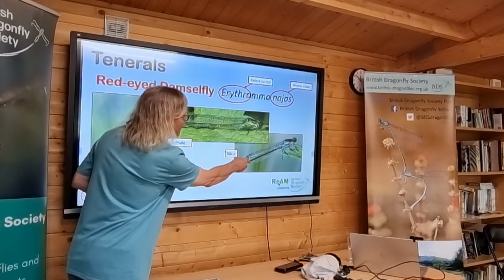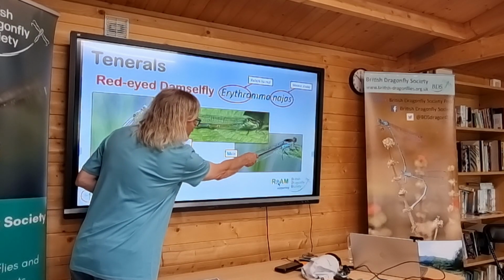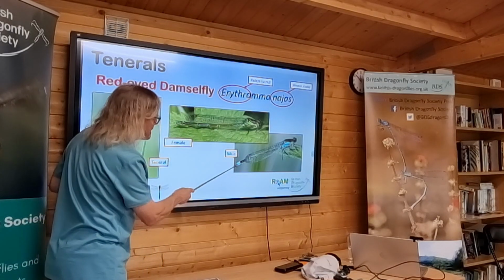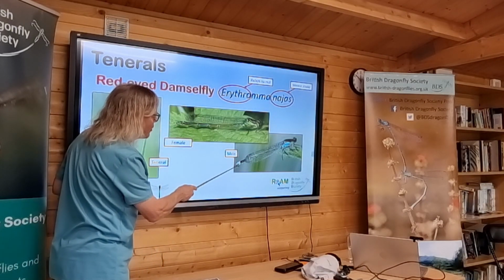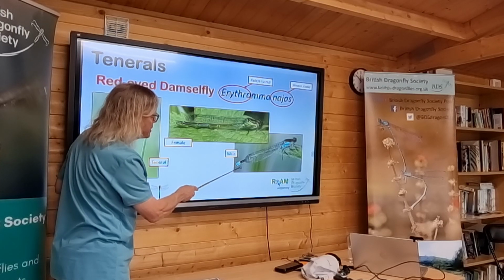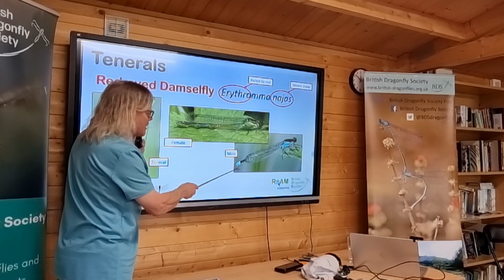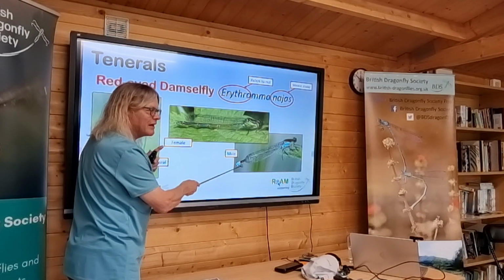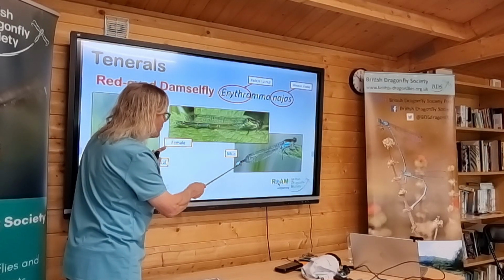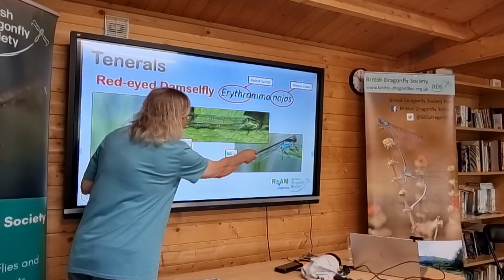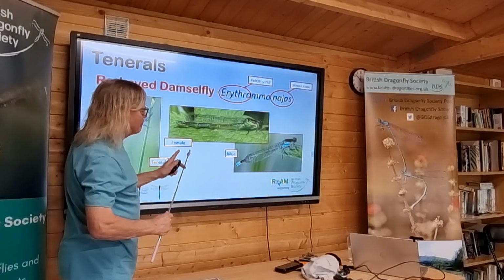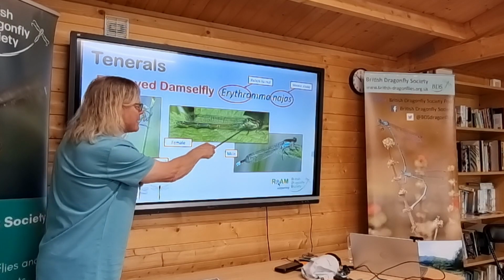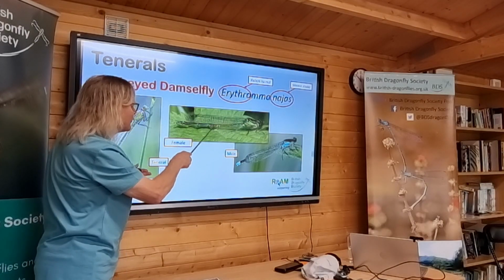If you identify that it's got the red eyes, and it's literally got the blue on its 9th and 10th segment, you can't get it mixed up with the blue-tailed, because the blue-tailed has its blue on the 8th segment. So if you see a blue segment like this and red eyes, and it's quite a large one, it's the red-eyed. And you will see the greener version with the red eyes amongst it.